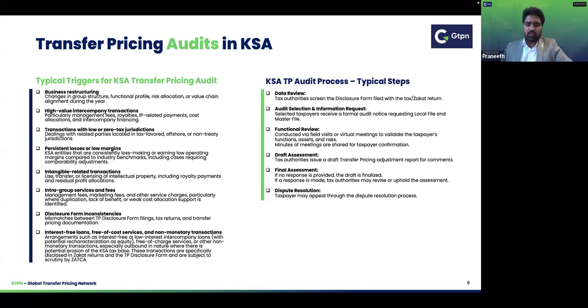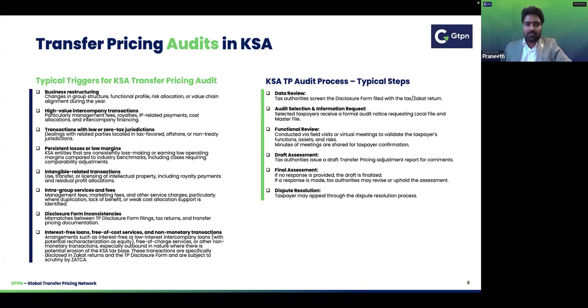Now, just to give the typical steps that are involved in the KSA TP audit process, once you file the compliance obligations, they'll be reviewed by ZATCA and picked for TP scrutiny. Once the TP audit selection takes place, you'll be issued information requests, and in addition to your submissions, they'll also do functional reviews, be it virtual or physical.